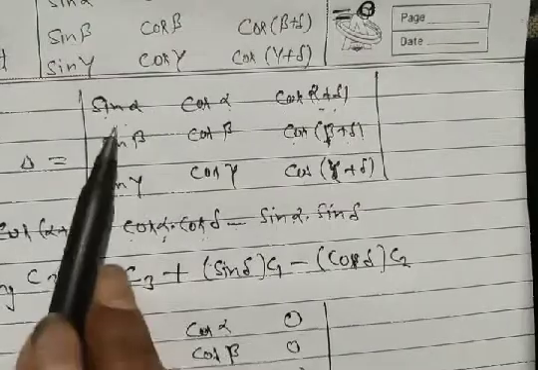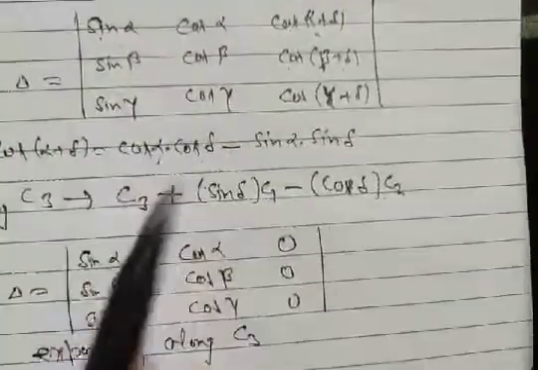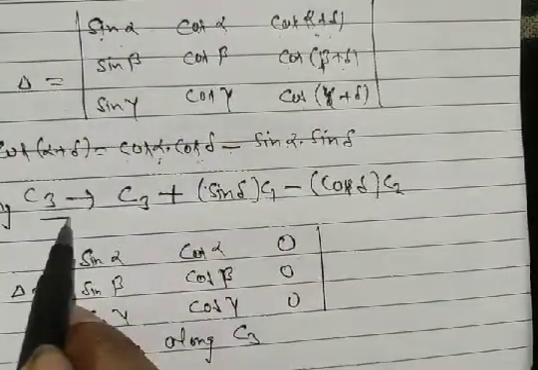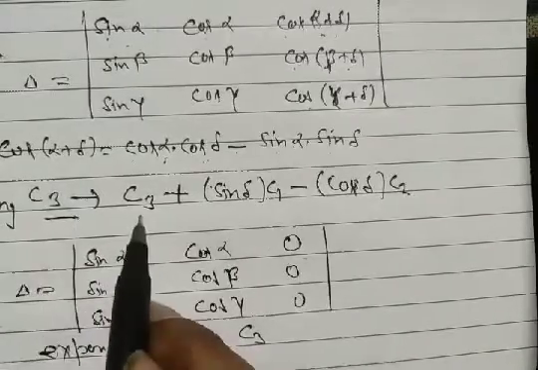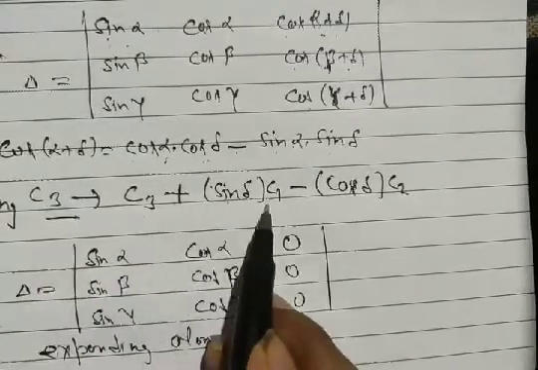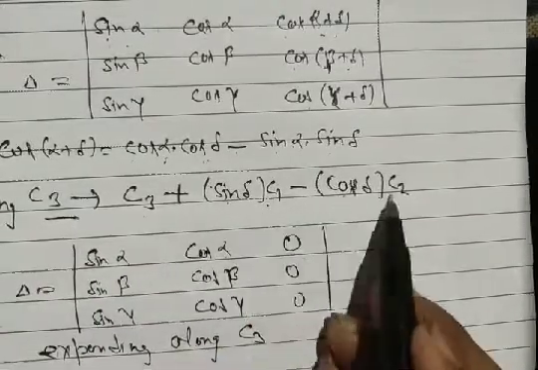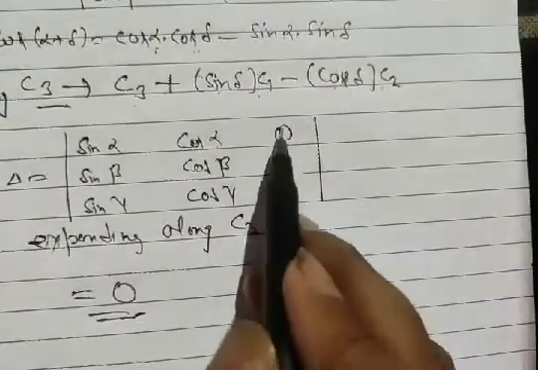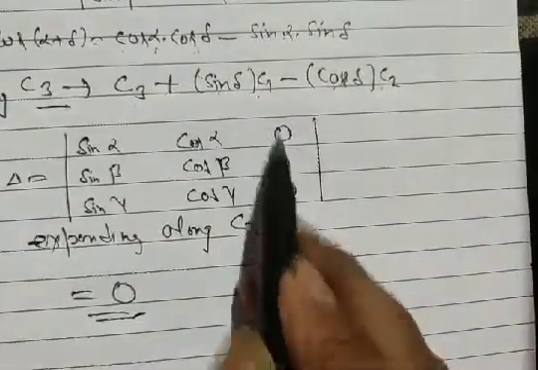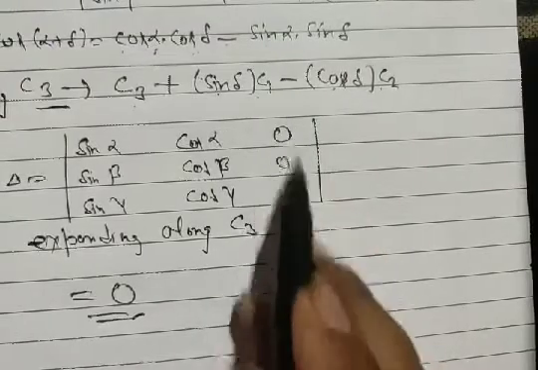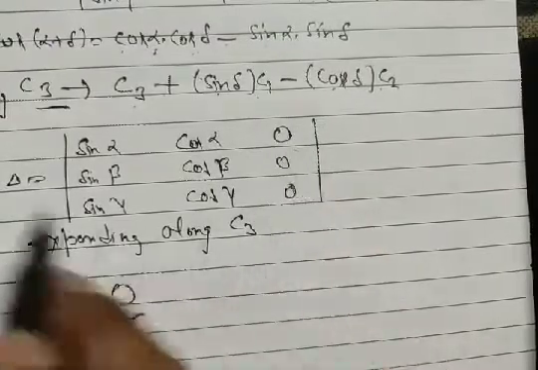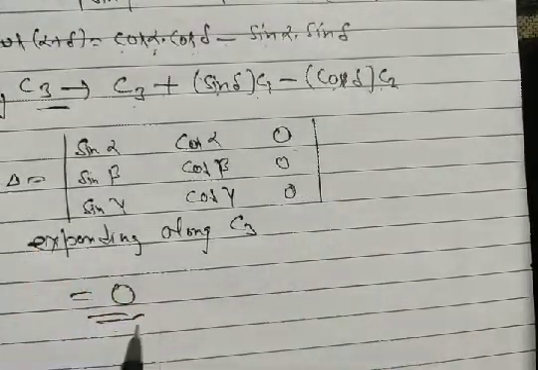This is negative, so we need to add it. Then our operation is to change column 3: C3 plus sine delta into C1, minus cos delta into C2. Our column 3 vanishes. All the terms of C3 are 0. Hence the value of del is 0 there.